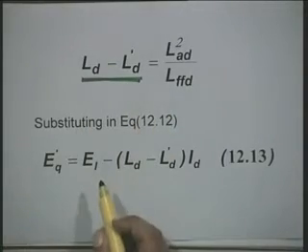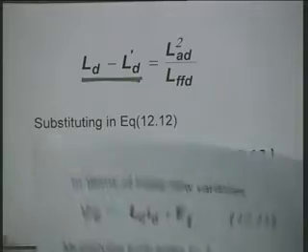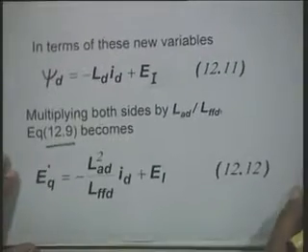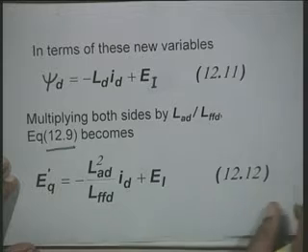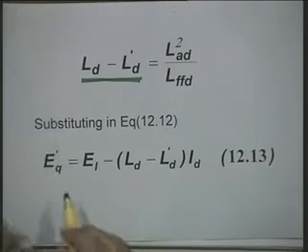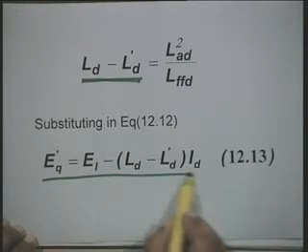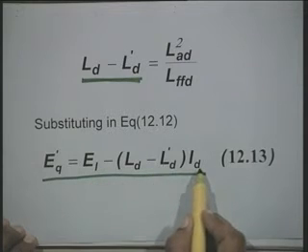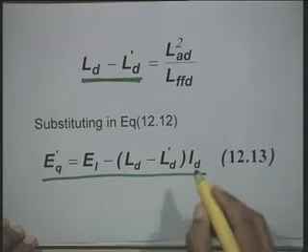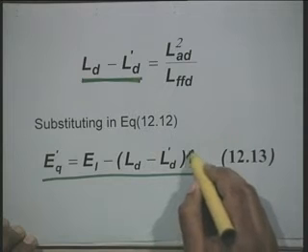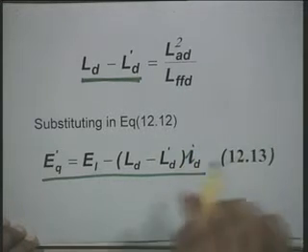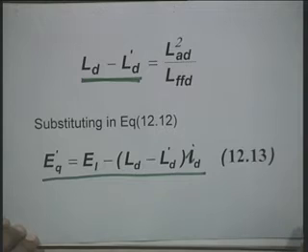Now, if you make this substitution in equation 12.12, we will get the result in the form, that is EQ prime is equal to EI minus Ld prime Id. Now, here this Id is small id, not capital ID. We use this direct axis component of the stator current.